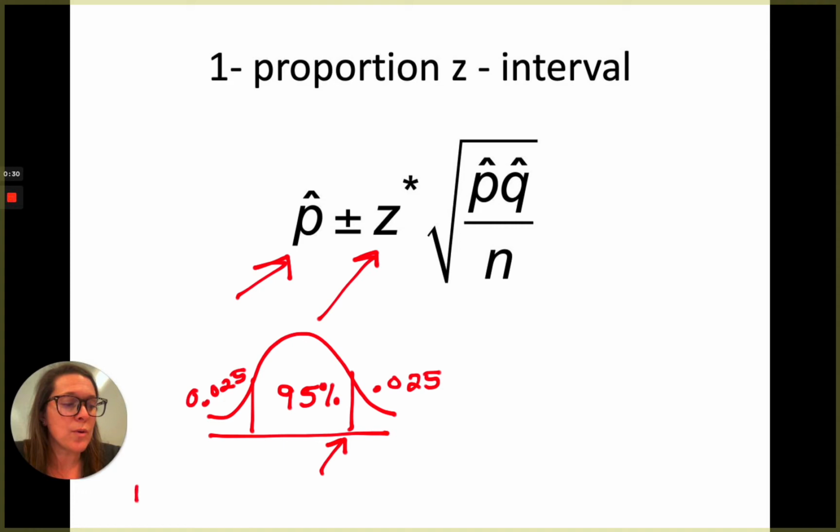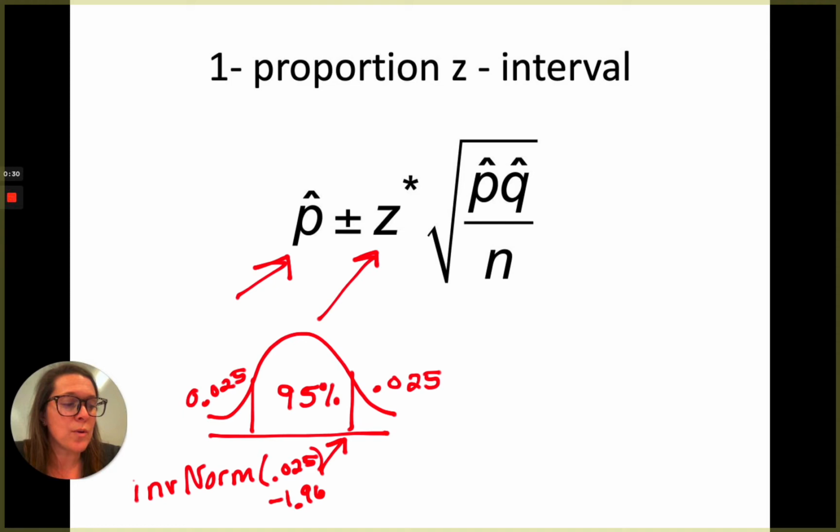Me personally, I'm lazy and I don't feel like doing the math, so I'll just do inverse norm on that left-hand tail, 0.025 in my calculator, which gets me negative 1.96, and then I just make it positive. That doesn't bother me that it pops out negative. If you want to do the math and add the 2.5% to 95 and make it 97.5, you're more than welcome to do that. Not that hard of math to do, which would then give you the 1.96.